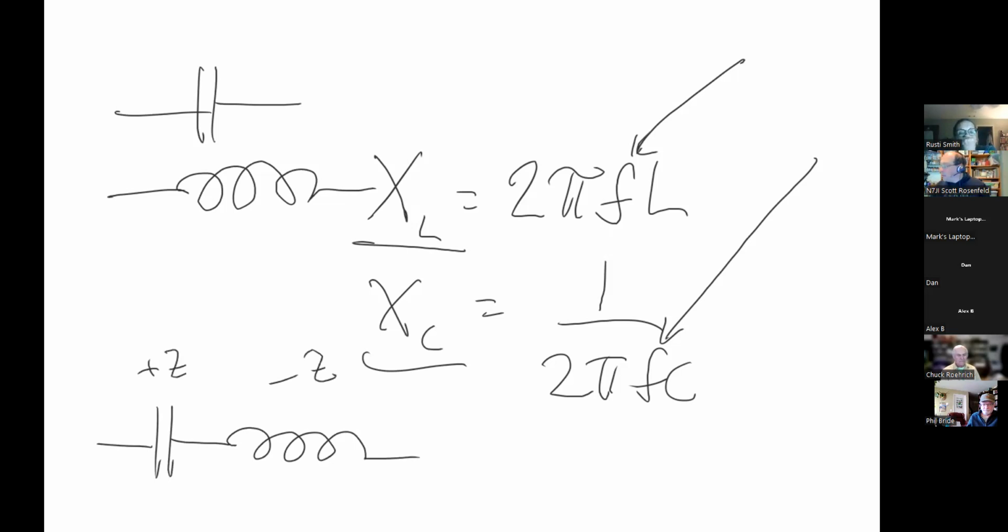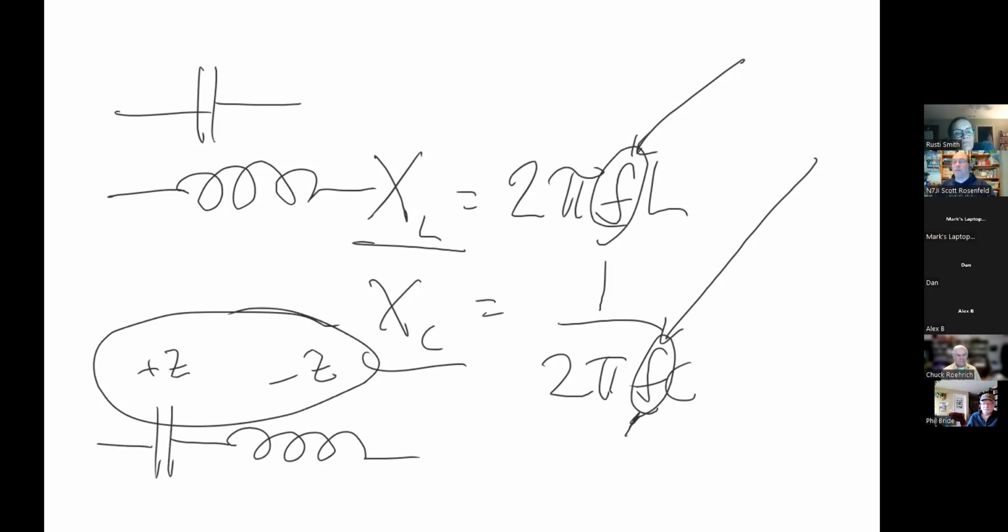And by changing the frequencies, notice that F appears in both of them, I could pick them so that they completely cancel each other out. And that's really important because what happens if I have no resistance to flow of current? All the power gets through. Everything gets through. But only at one frequency where they match.